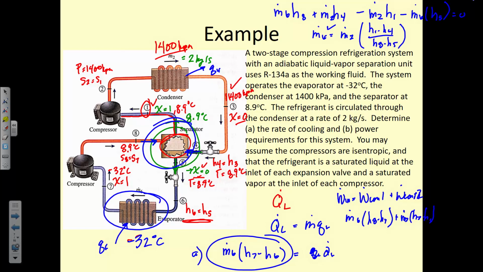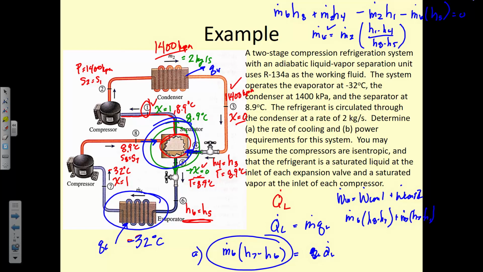You're just looking at the other side of it. So be very careful when you read the problem, and think about it for a minute. A refrigerator removes heat from a cold space to make it colder, and that heat is absorbed in the evaporator, whereas with a condenser, heat is being removed from the fluid to go somewhere else.